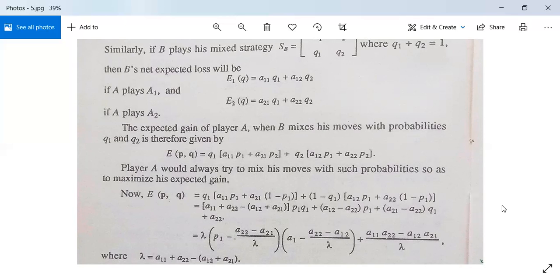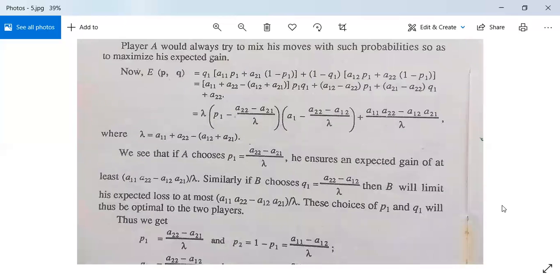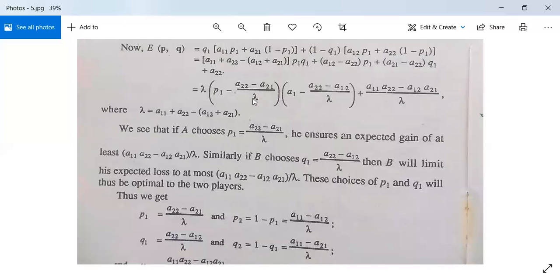This can be written as lambda times P1 minus A22 minus A21 by lambda into Q1 minus A22 minus A12 by lambda plus A11 A22 minus A12 A21 by lambda, where lambda is given as A11 plus A22 minus A12 plus A21. अगर lambda की वैल्यू यहाँ पे सब्स्टिट्यूट करोगे then you will get the same result as this one.